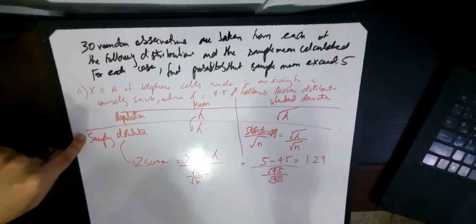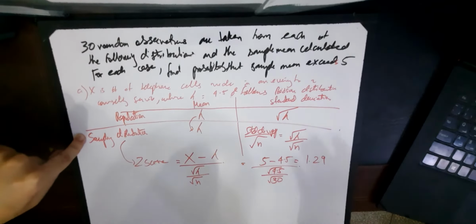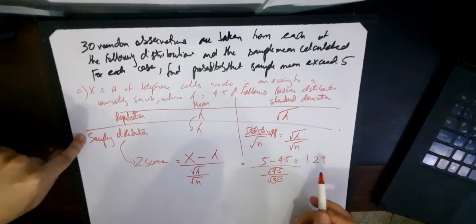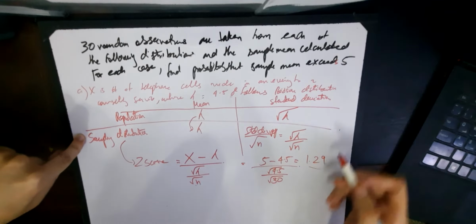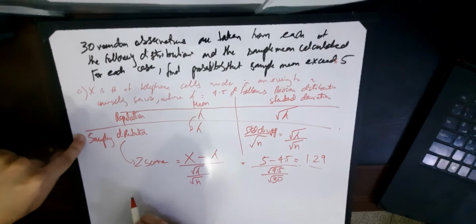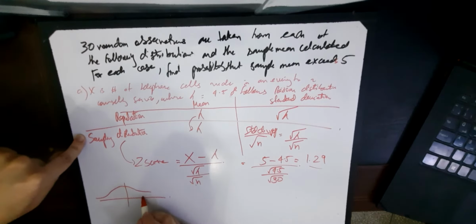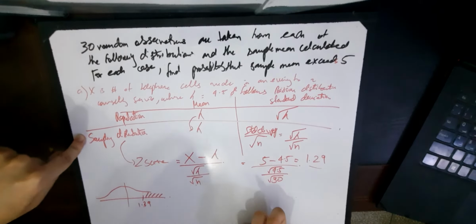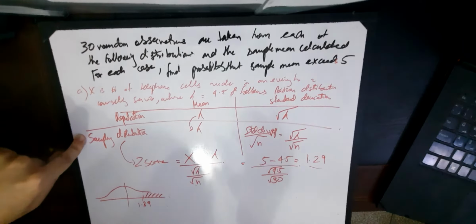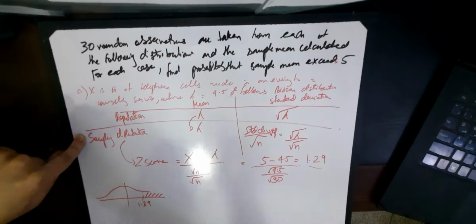I now need to compute the probability of a value lying above this, because we're doing exceeds 5 basically. So if you have a distribution and I have gotten the value 1.29, what is being asked from me is this area. But when we look at a z-table, we usually get the probability or the area of this curve towards the left.